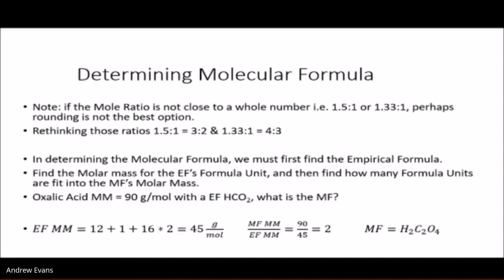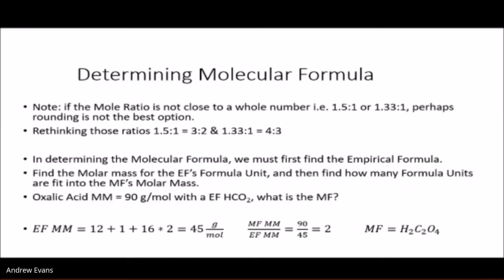The empirical formula is the simplest whole number ratio. You could have a molecule that's C4H4O, but you could also have a molecule that has more oxygens than that. You could have C8H8O2. You could have any ratio. And so what we're going to look at is the molecular formula.